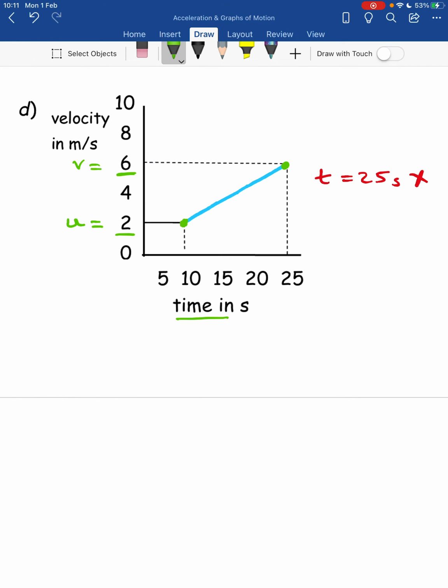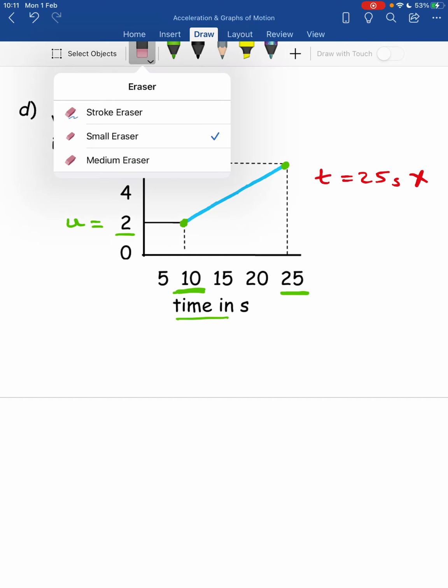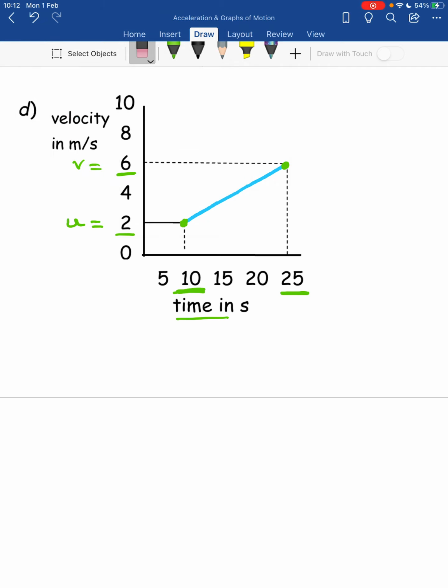If we look at the graph, we can see it starts accelerating at 10 seconds and then it stops at 25. So for the time, it's not going to be 25 because it's not accelerating for the whole period shown in the graph. What we would do is we would say the line stops at 25 but it started at 10. So that means for this example the time would be 15 seconds.